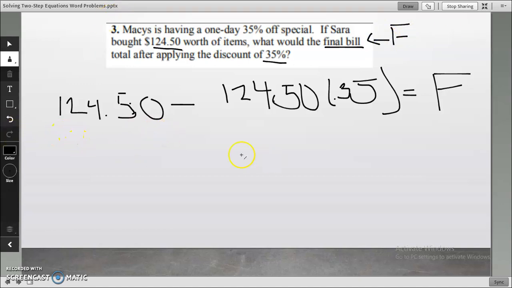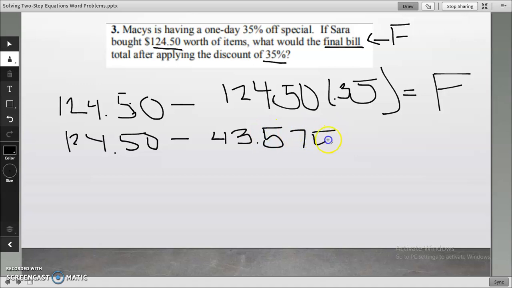So this is really pretty straightforward. I just need to evaluate, right? So that is $124.50 minus 43.575.